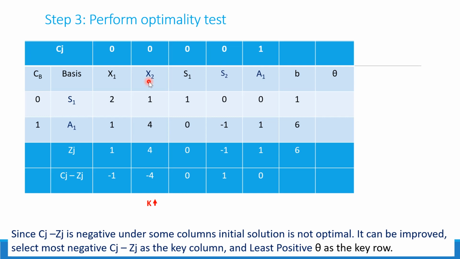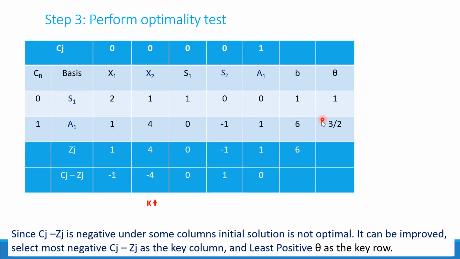It will enter and we will select the outgoing variable by using this theta. Theta is nothing but your b divided by the key column. So 1 divided by 1 is 1, 6 divided by 4 is 3 by 2. Out of these two, selecting the least positive, the least positive is 1.